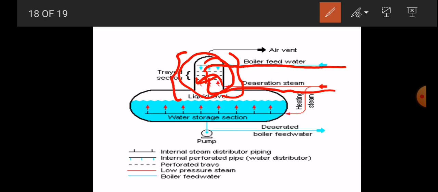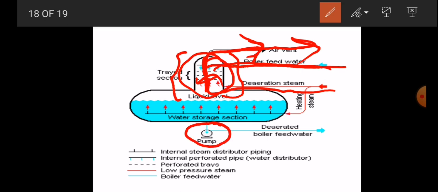So over here, the dissolved gases in the boiler feed water go into the steam in the upward direction. Over here you can see the air vent, where the dissolved gases pass out, right? After this, the deaerated water is used as boiler feed water, right?